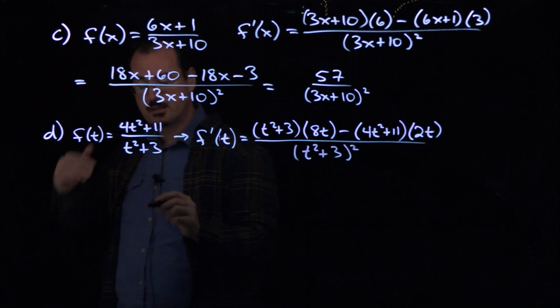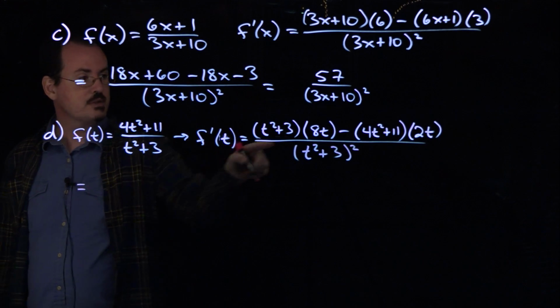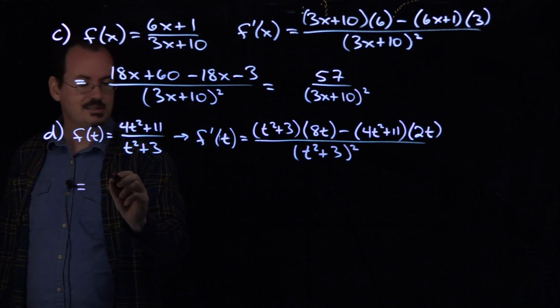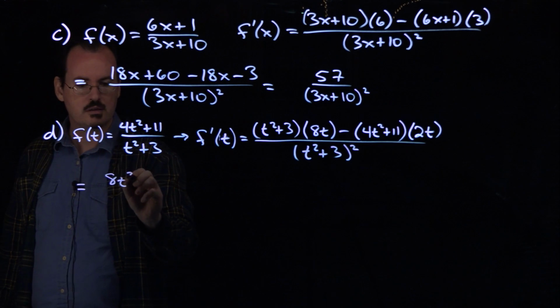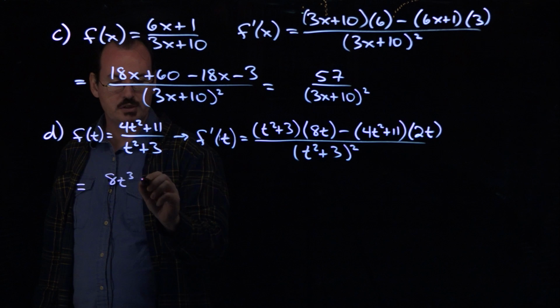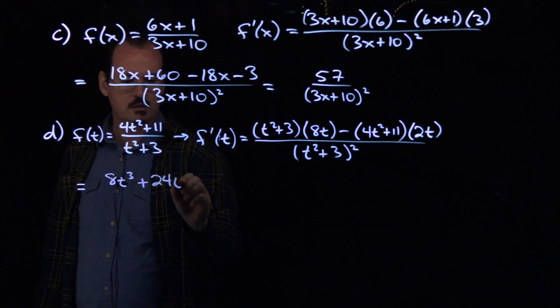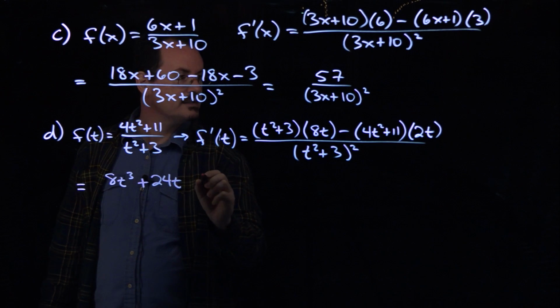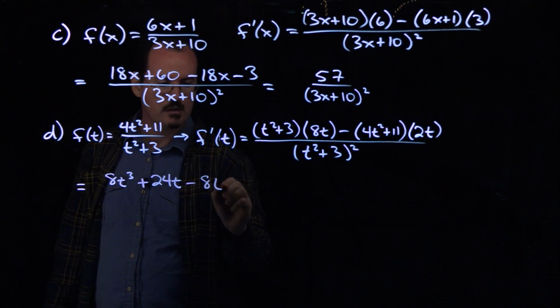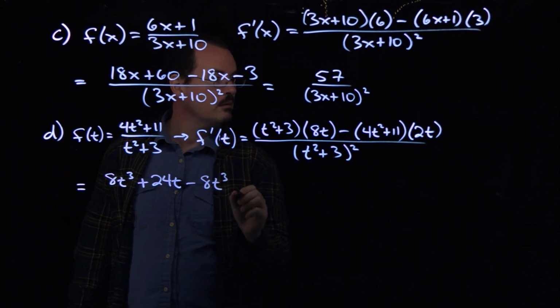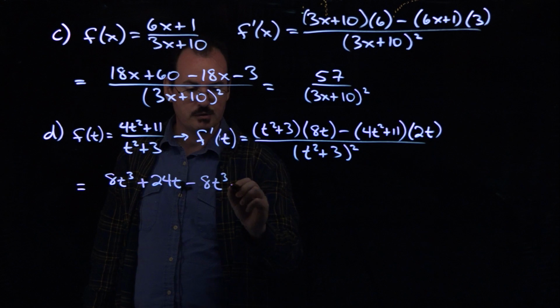t squared plus 3 squared. Okay, so let's simplify that. Distribute the 8t, we're going to get 8t to the third power plus 24t minus 8t to the third power minus 22t.